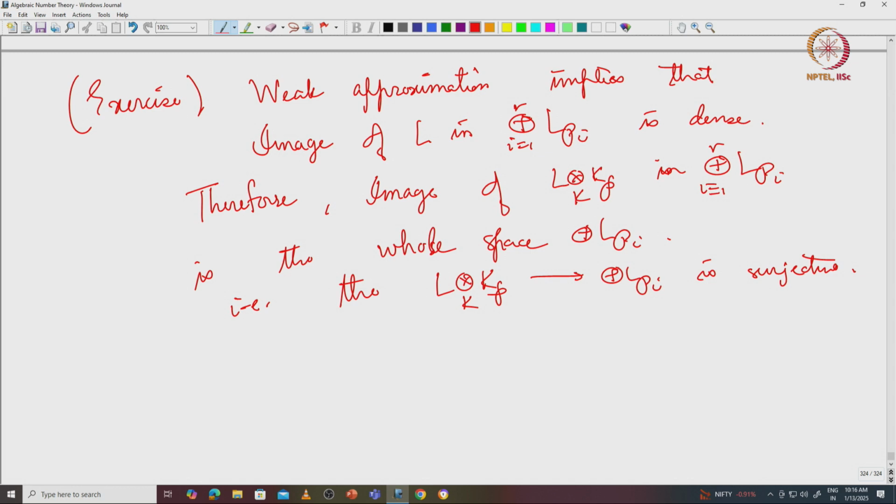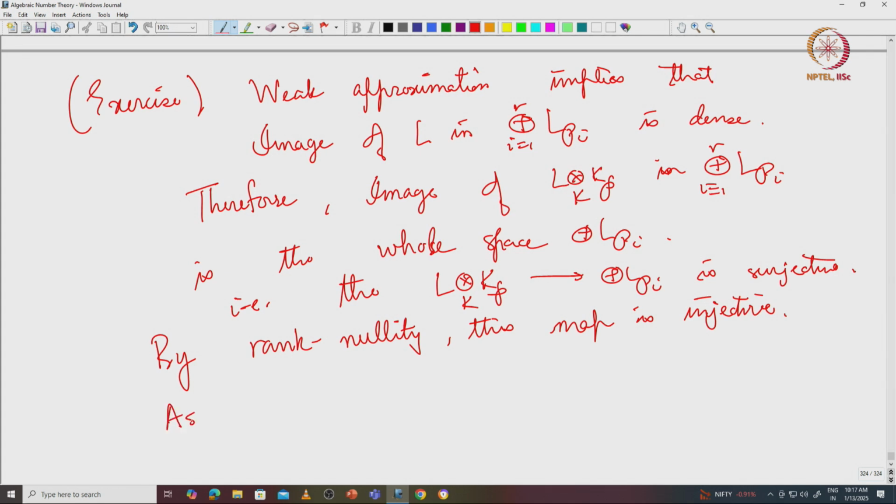Right, and now it is a map between finite dimensional vector spaces of the same dimension, so by the rank nullity formula, it is injective as well. This is one of the most basic things you learn in linear algebra.